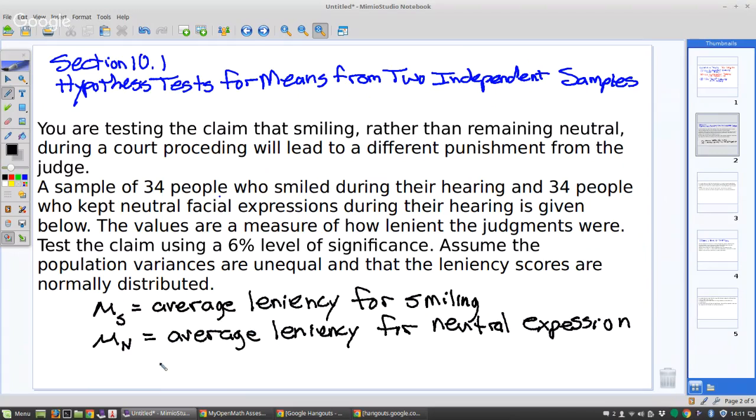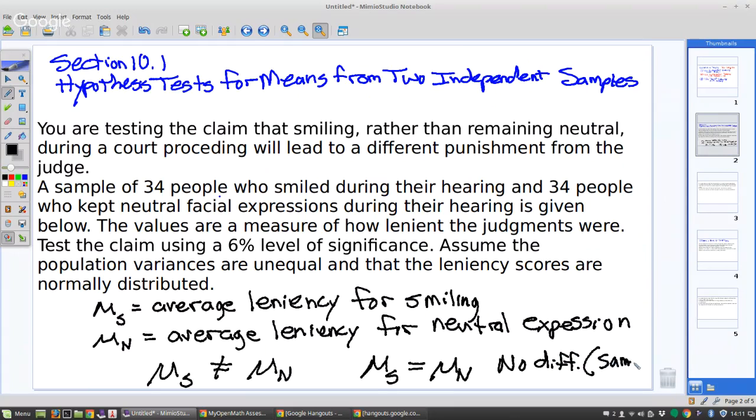So the hypothesis above says the average leniency for smiling will be different, not equal to the average leniency of remaining neutral. Alternative to that would be mu s equals mu n. So in this case, we're saying there's no difference. If there's no difference, they're the same, right? Equal.